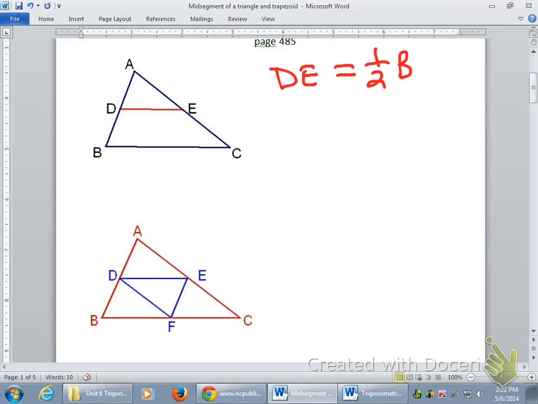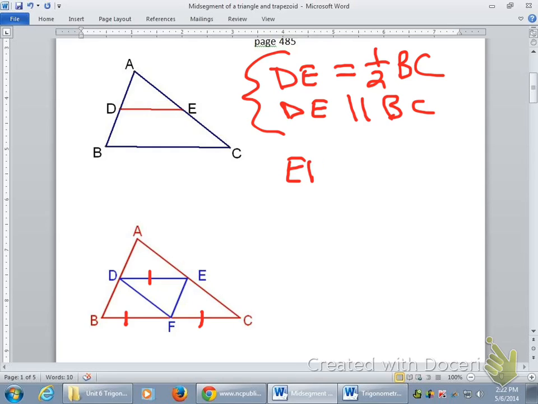For example, I'm going to go ahead and mark all of those as congruent. Maybe that'll come up later. But tell me another fact about DE before we move on. It's parallel to BC. Okay, it is parallel to BC. So those are the two facts from the midsegment theorem. Now talk to me about EF.